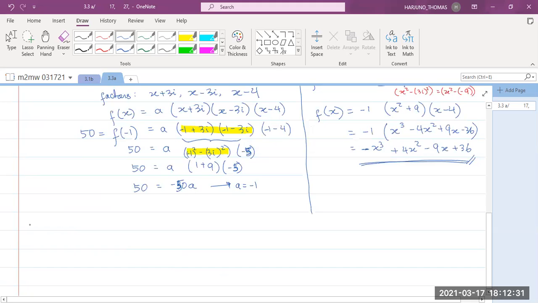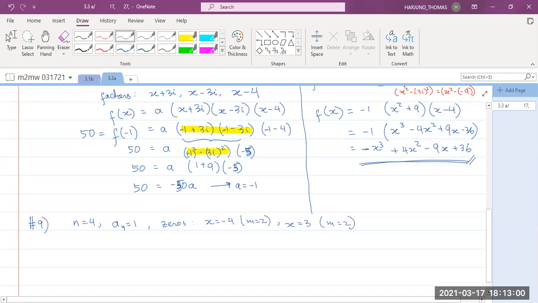Number 9. Find the polynomial. The degree is 4. Leading coefficient is 1. The zeros are x equals negative 4 with multiplicity 2 and x equals 3 with multiplicity 2 also.